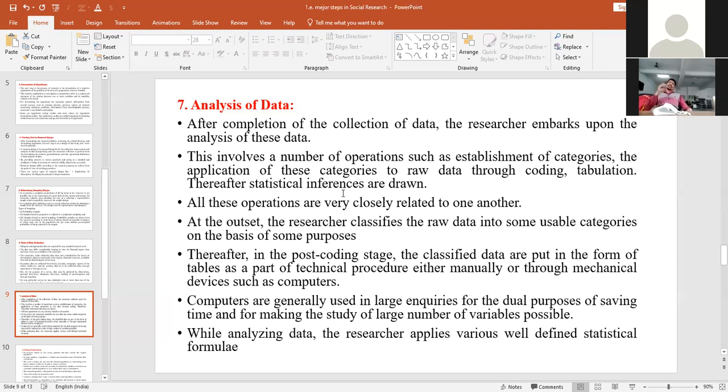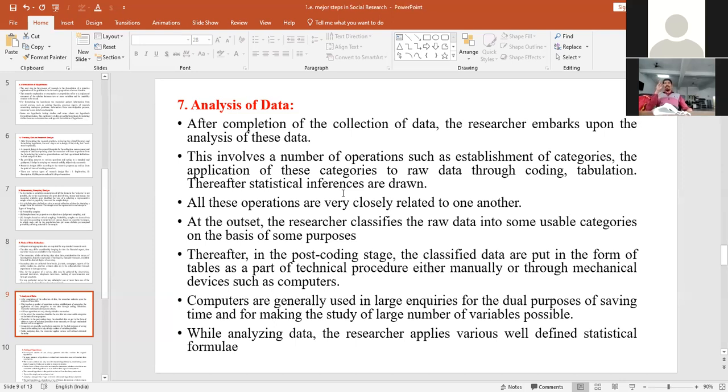And here, while analyzing the data, particularly in the social sciences, the computers are generally used in a large manner. So here, the computers and the software help the researcher from a technological point of view.